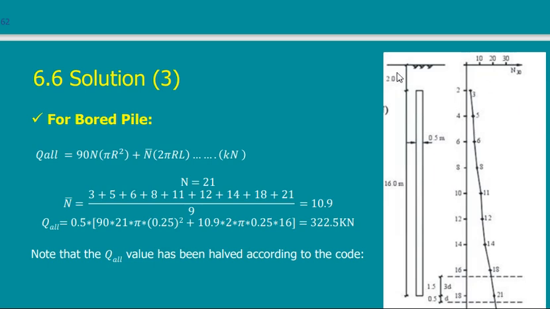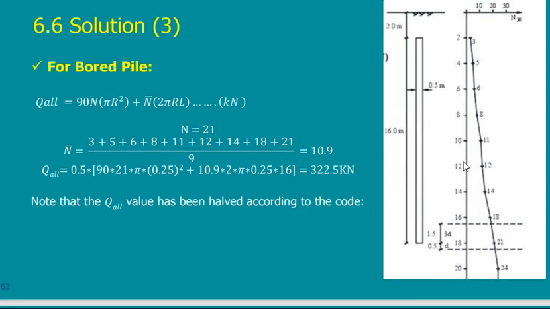Here it affects this portion, here it affects this portion, and so on till you reach the bottom. So n bar is the average. You start with the tip of the start of the pile, here is a value. This is the end of the pile, here is another value. All the values in between will be summed together.